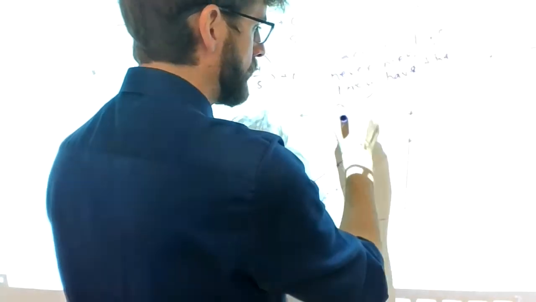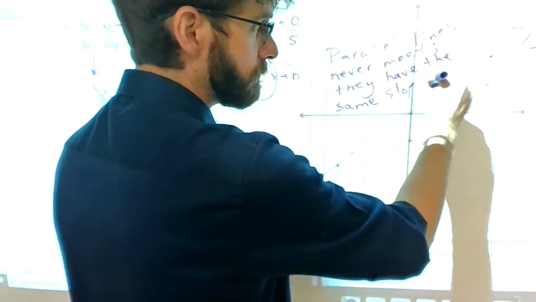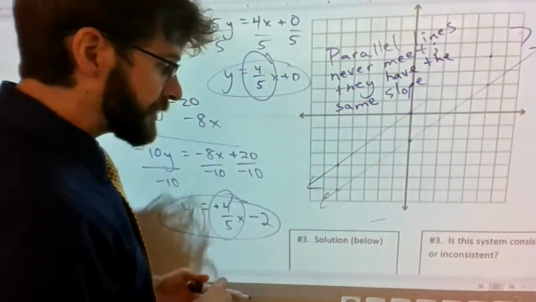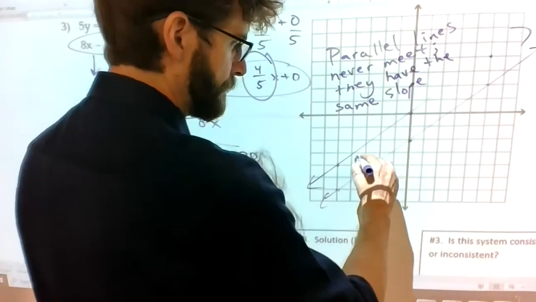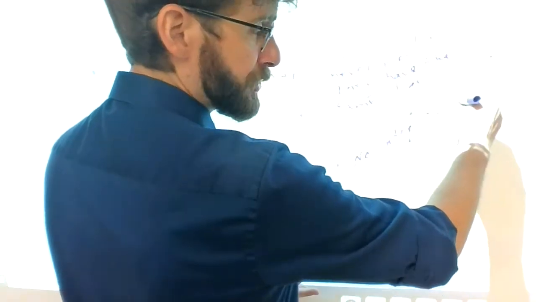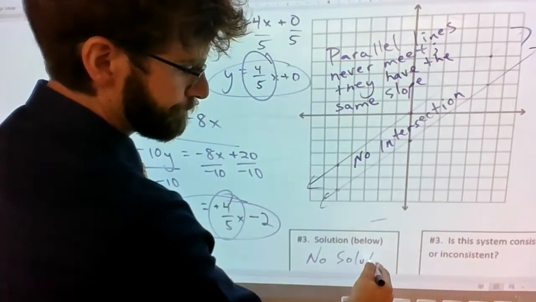The same rise over run, slope, m value, however you want to deal with that. So they don't actually intersect. If there's no intersection, then there's no solution to speak of. So we would just write no solution right there.